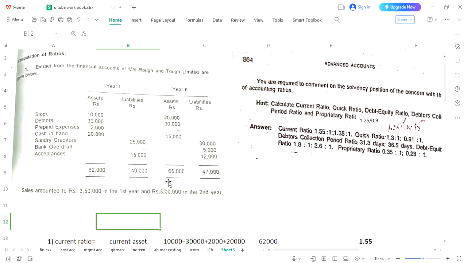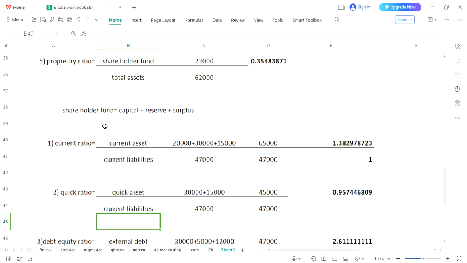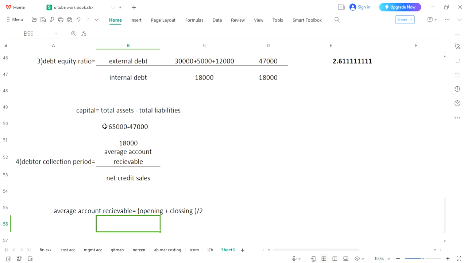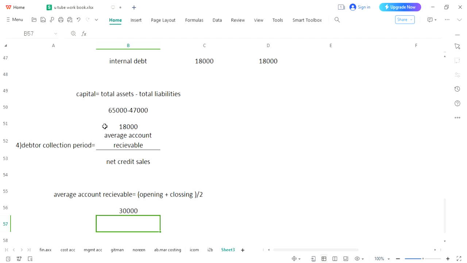Here we have our account receivable, debtors, 30,000 at opening, 30,000 at closing. For second year, opening debtors are the debtors of the previous year. Since it's the same amount, you will get the same answer. That means 30,000 plus closing again 30,000, divided by 2. This way the same 30,000 would be the answer.